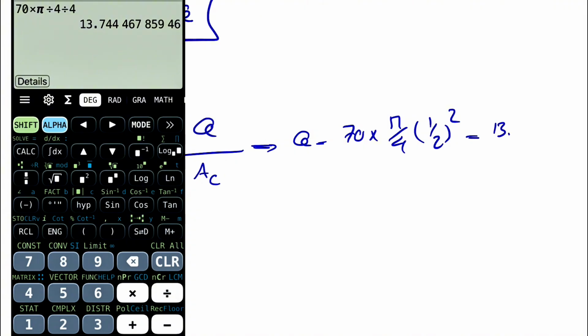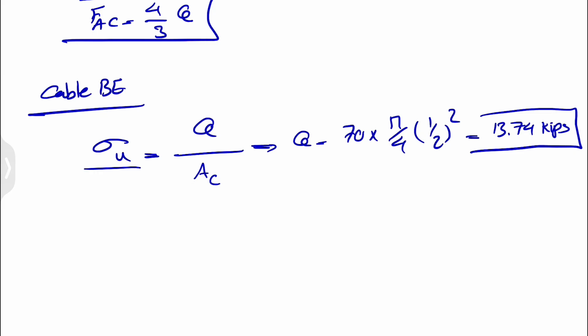That's going to give us 13.74 kips. So that's the Q that we found based on the ultimate strength of the cable.